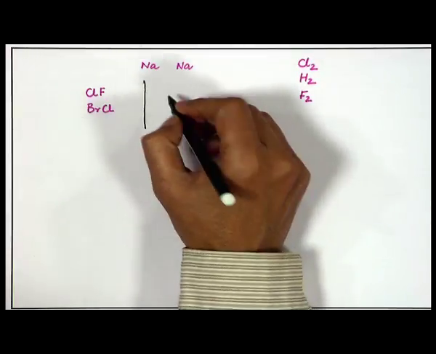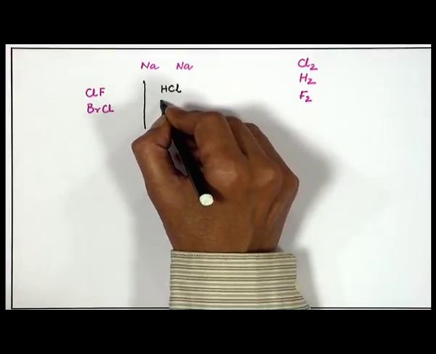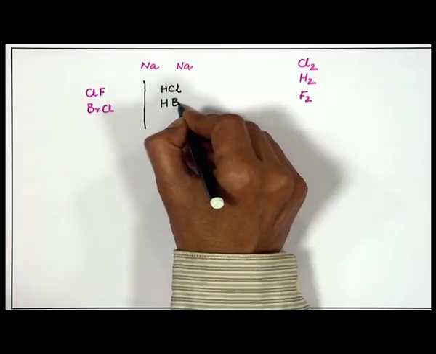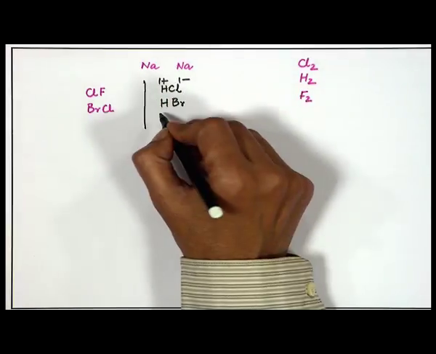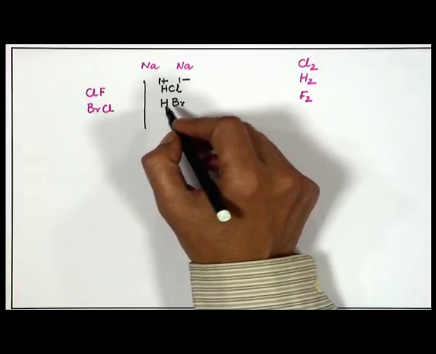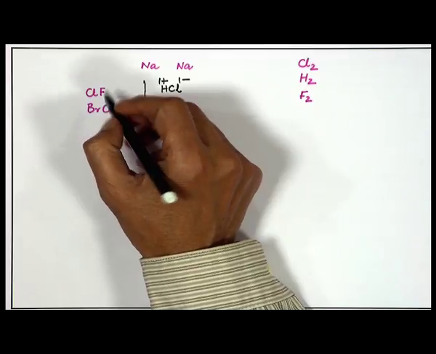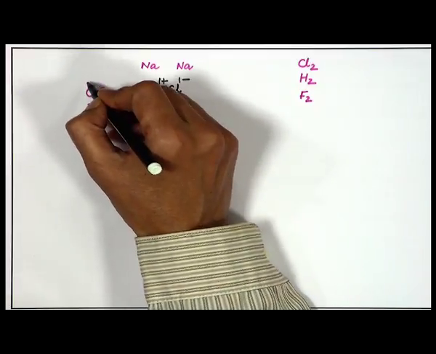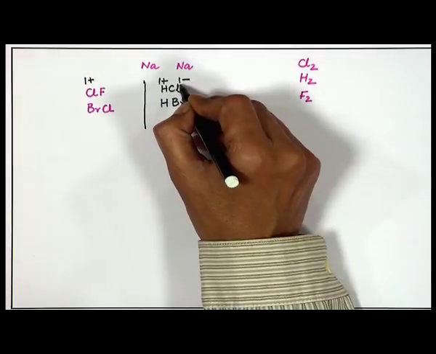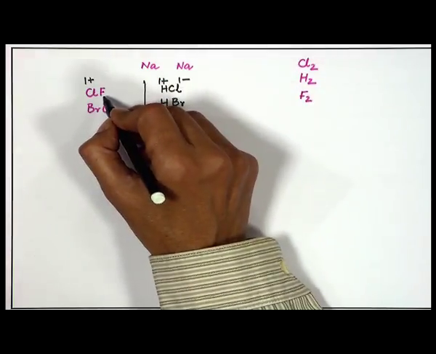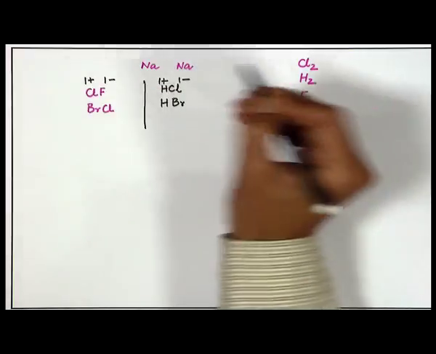We have already seen, with HCl or HBr, that this will be 1 plus and this will be 1 minus. Similarly, for HBr it is 1 plus and 1 minus, but what about this? In the case of ClF, chlorine will be 1 plus, not 1 minus, because of the electronegativity difference from fluorine. So, fluorine will acquire the 1 minus charge.